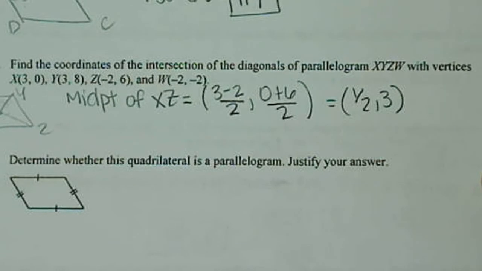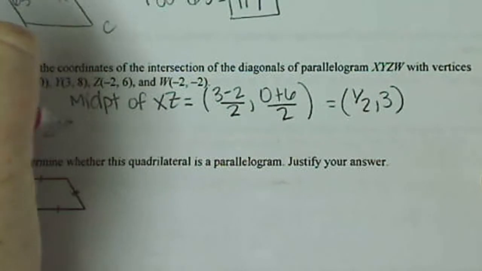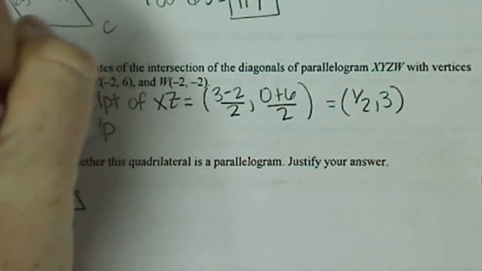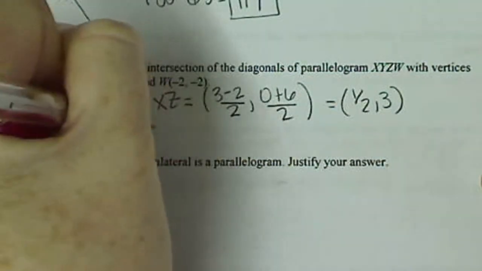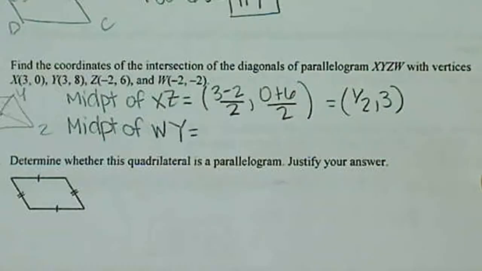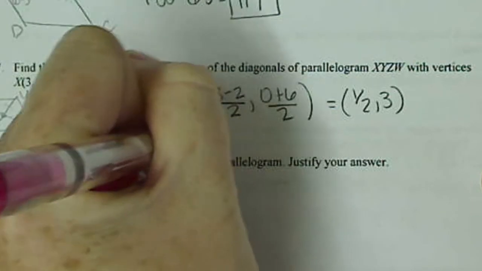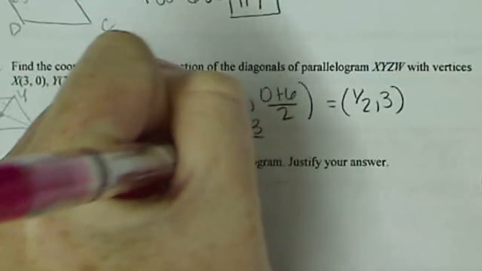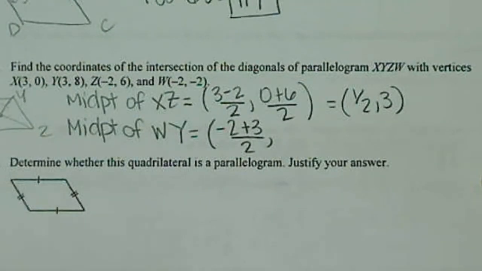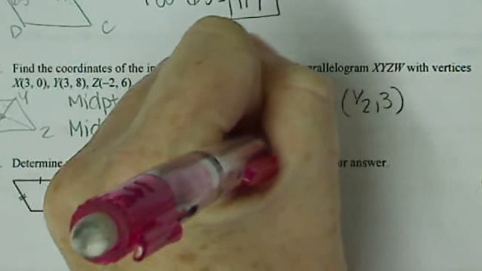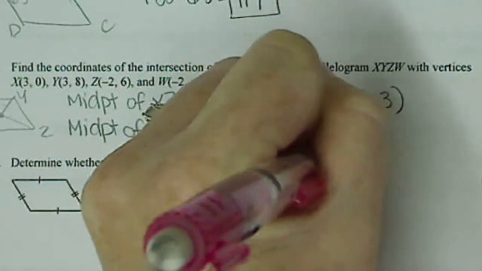We would hope that the midpoint of wy is also that, but we need to prove it. So let's do the midpoint of wy, just to make sure. That midpoint is -2 plus 3 over 2, and 8 minus 2 over 2.